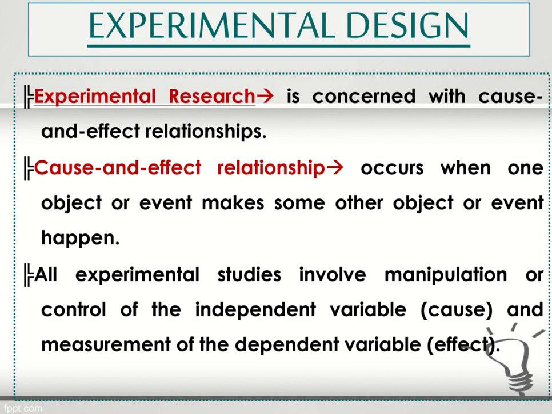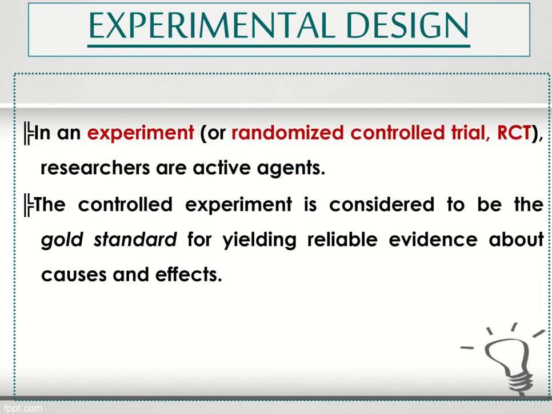So this is one of the reasons that many nursing studies have employed non-experimental designs. So in an experiment, also called a randomized controlled trial or RCT, researchers are active agents, not passive observers. So the controlled experiment is considered to be the gold standard for yielding reliable evidence about causes and effects.